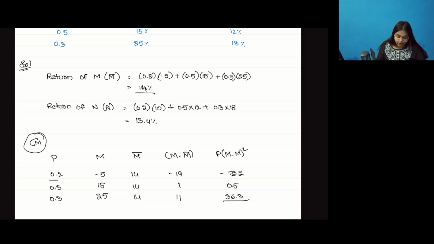So the total will be 72.2 plus 0.5 plus 36.3, which is 109.